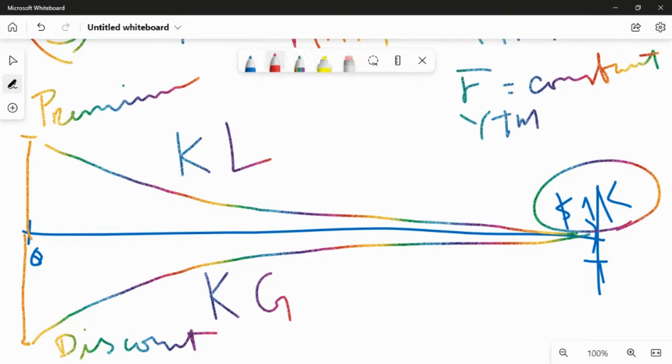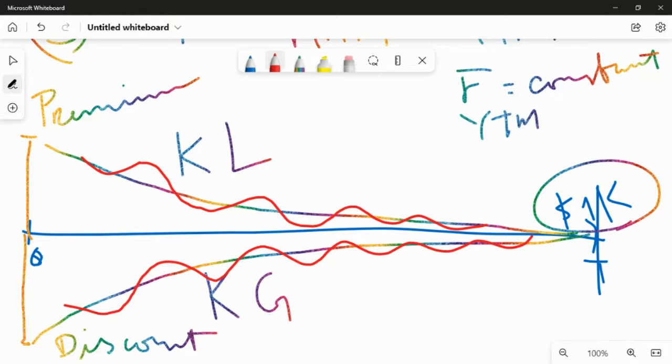However, just as you've seen, if the discount rate changes, right? If the discount rate goes down, it may show this pattern. And if the discount rate goes up, it can show a pattern like this. Also the same thing, as the discount rate goes down or goes up, it can show this pattern.